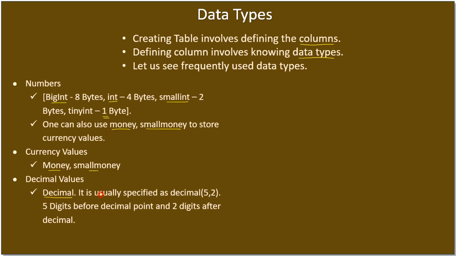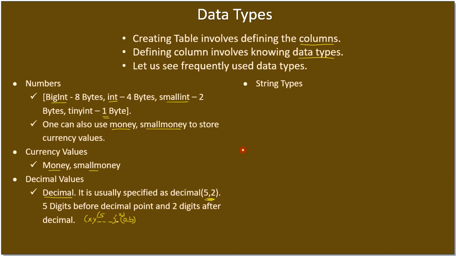The decimal data type is usually specified as decimal(5,2). Here 5 means 5 digits before the decimal point, and 2 digits after the decimal point. So 5 digits for the whole number part and 2 for the decimal part.